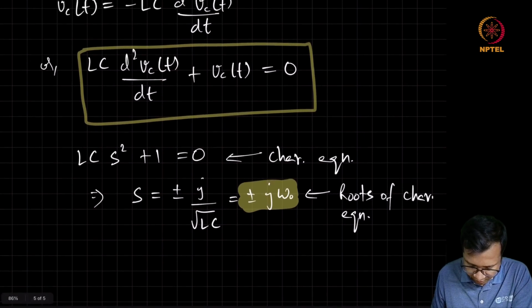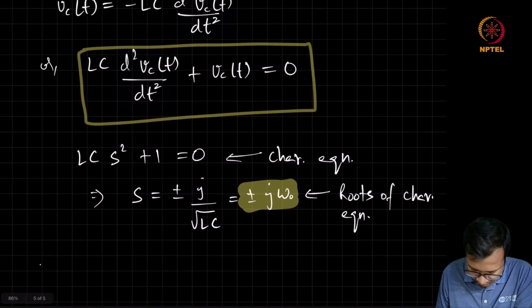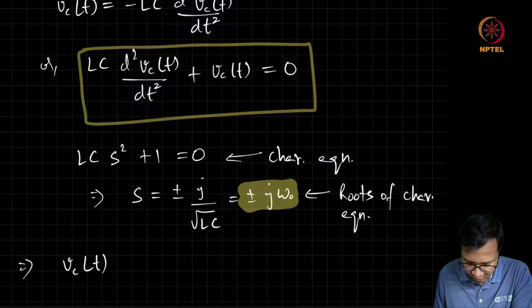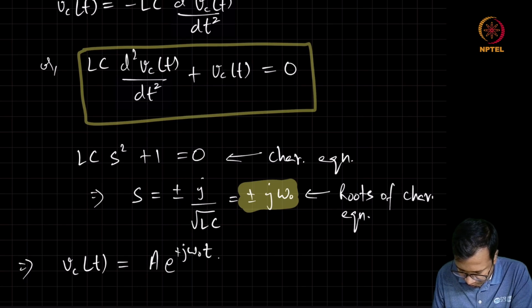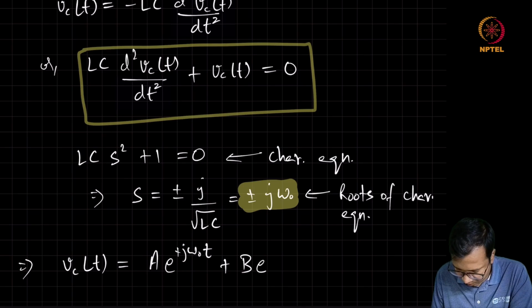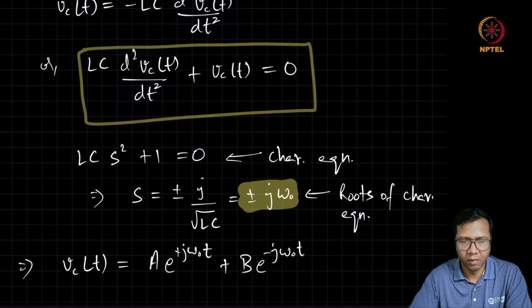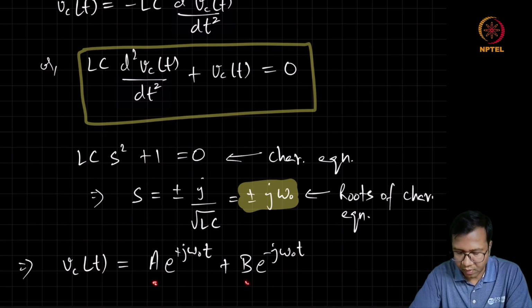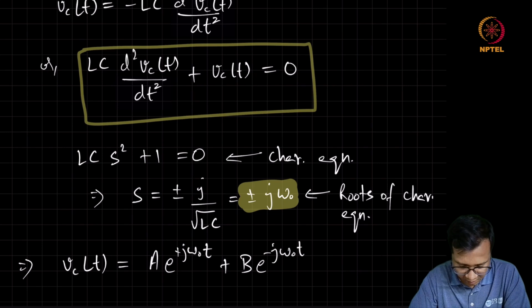Now using these roots, we can find the solution for VC. So VC of t is going to be of some form A e to the power j omega naught t plus B e to the power minus j omega naught t. And using the initial conditions, we can find what is going to be the value for these constants.